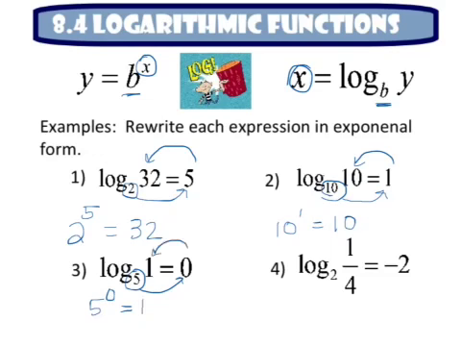And number 4, 2 to the negative 2 equals 1/4. And if we remember that negative exponents don't make negative numbers, they just flip over and turn it into a fraction. That's what a negative exponent will do.